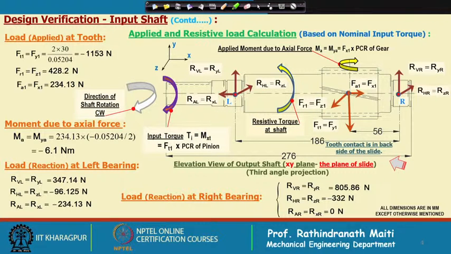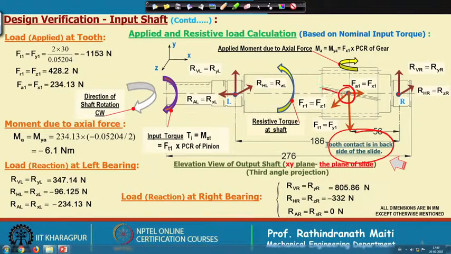The pinion is rotating in the clockwise direction. If we consider this is the elevation, that is in the plane of the slide, the x-y plane. Now, if we consider this contact point, the tooth mesh is in the back side of this slide, that means below the slide, because the contact was there and it was rotating like this.